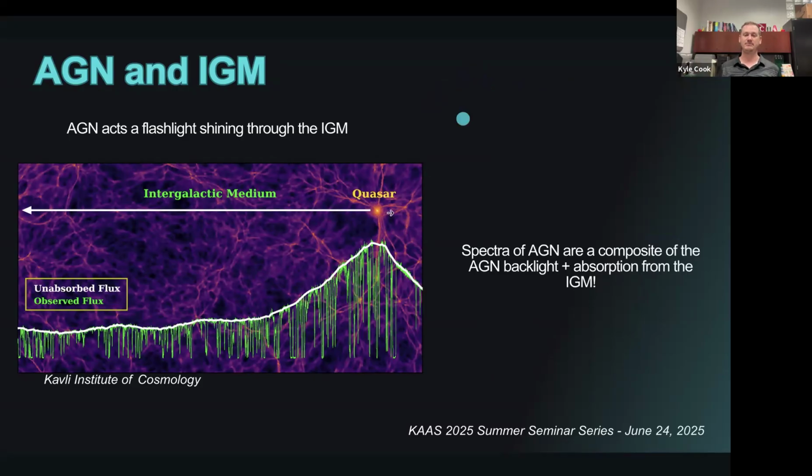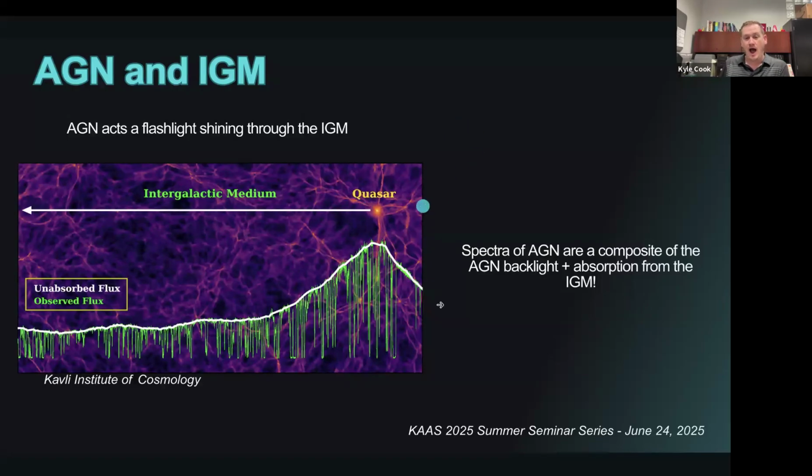What we get is the backlit spectrum of the AGN, the quasar itself, but superimposed on top of it is all the information about the IGM that it passed through along the way, which means we can study that IGM within the light of quasars, within the light of AGN in general.